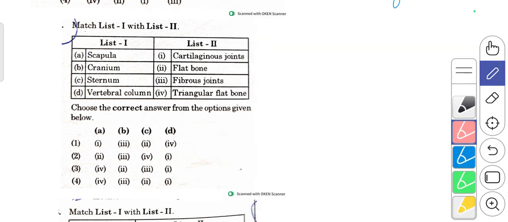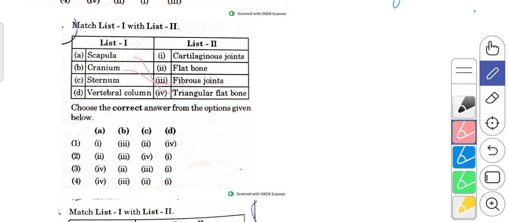Scapula. It's from the chapter Locomotion and Movement. The scapula is a part of the pectoral girdle, a triangular flat bone present in the pectoral girdle. Then cranium. As you all know, the cranium consists of many different bones, and these bones are interconnected with one another by fibrous joints.